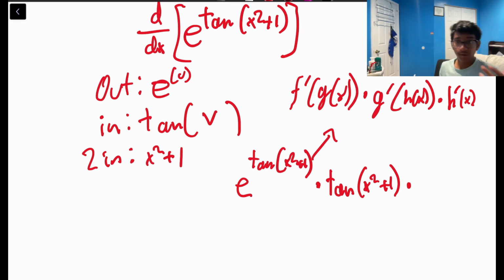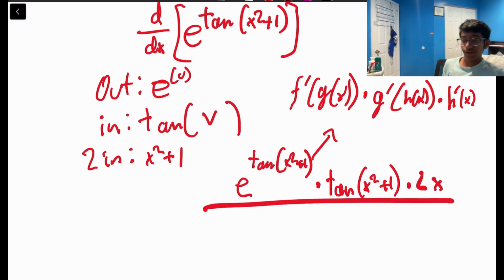The derivative of x squared plus 1 is 2x. And this right here is our answer. We don't have to do anything else besides simplifying this, if you can even simplify it. This is an example of a hard problem you're going to see on practice problems or on the AP exam.